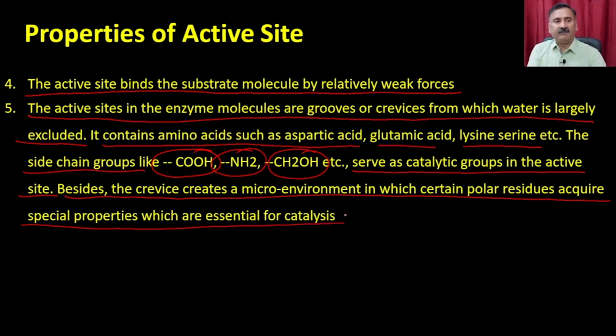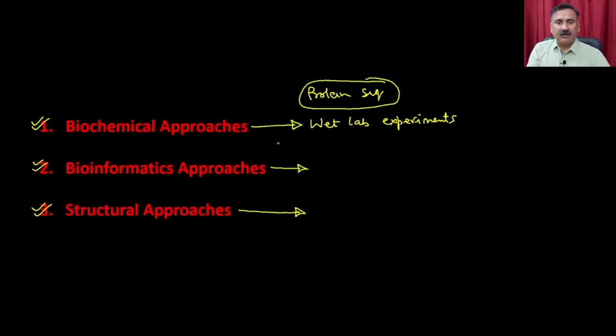Now, the first question is: how can we identify the active site on an enzyme? There are three approaches one can use. Approach number one is the biochemical approach. Approach number two is the bioinformatics approach, and the third is the structural approach.